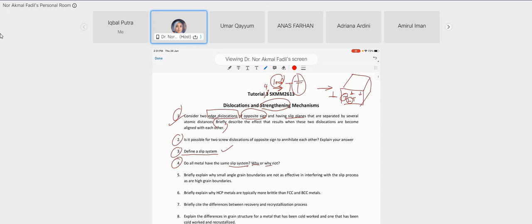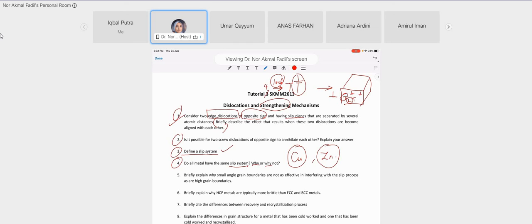Okay, for example, we have copper and we have zinc. Do these two materials have the same slip system? What do you think? How to find this answer? I need you to answer my question during this discussion.